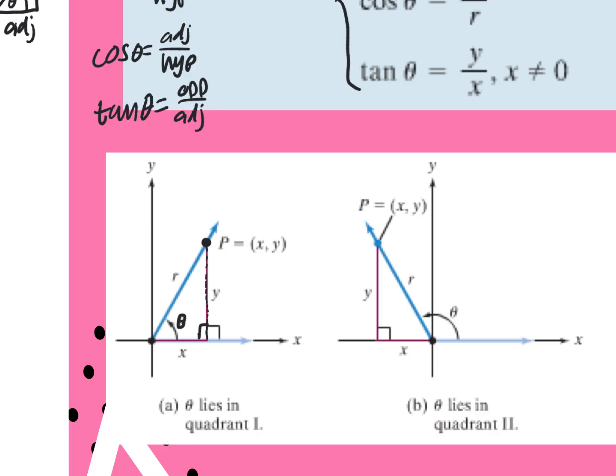Then you can find sine, cosine, and tangent of this angle just by using SOHCAHTOA. The opposite side is what we label as y. The adjacent side is right next to the angle, and that's the x coordinate of the point x comma y. The hypotenuse is just the distance from the origin to this point, so the hypotenuse is this r value.